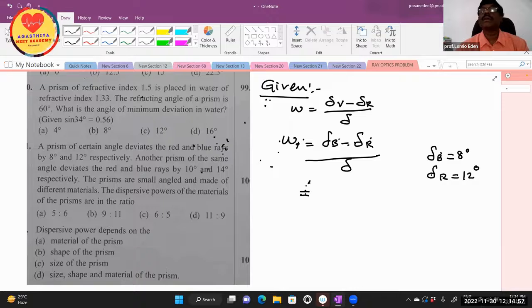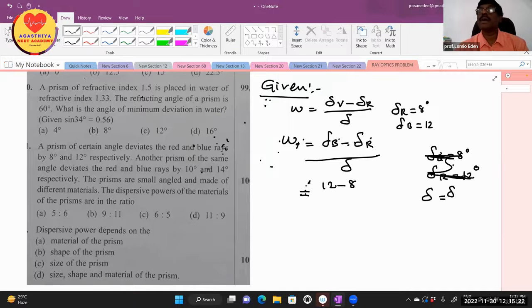Sorry. Red and blue. Red is 8 degree and blue is 12 degree. 12 minus 8.